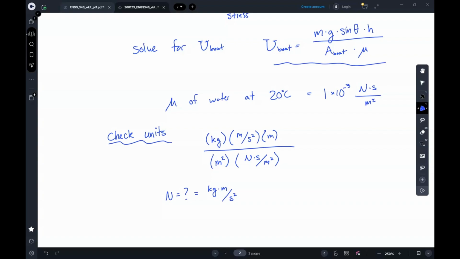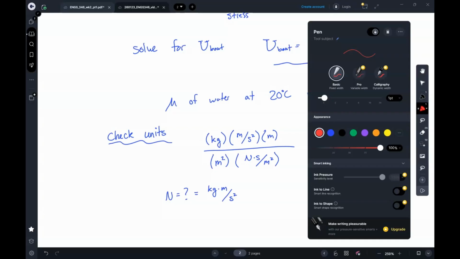Mass times gravity would give you a force, or mass times acceleration. So that's a mass times an acceleration unit. So that makes sense. So up here, we can cross out things.